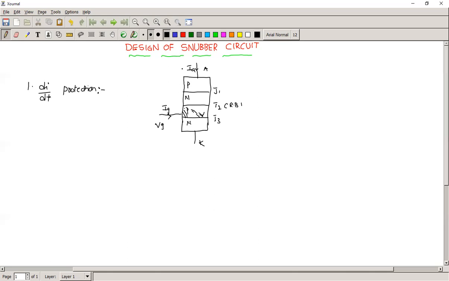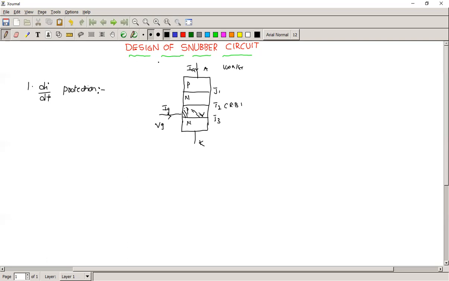The rate of change of anode current, dI by dt, is more. Suppose it is 100 amperes per second.